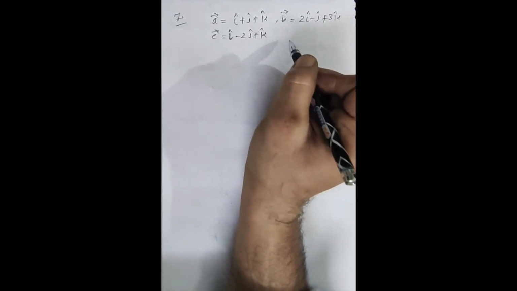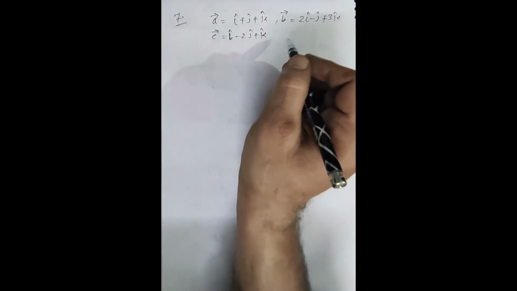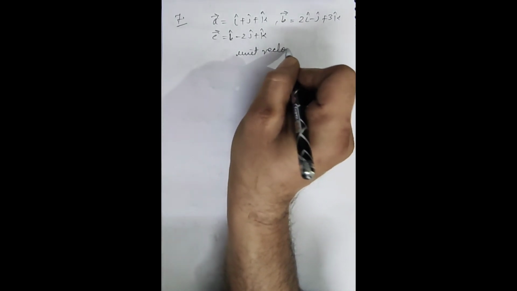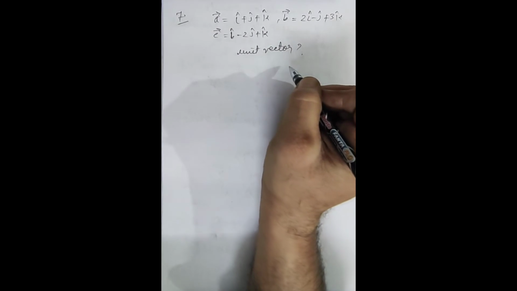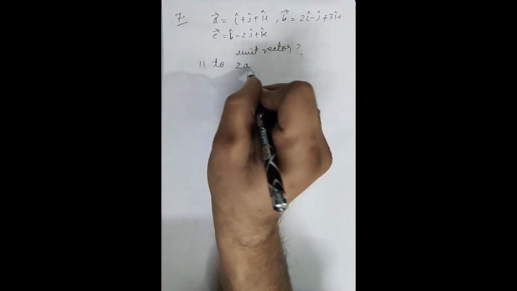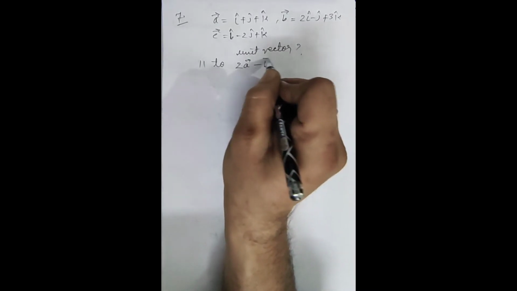We need to find a unit vector parallel to the vector 2a minus b plus 3c.